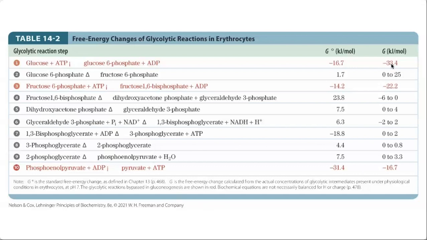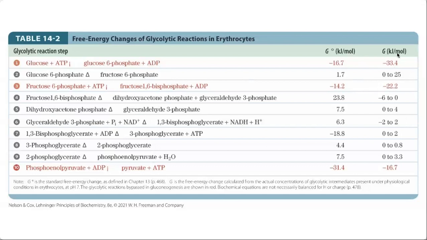But basically, we have these 3 steps. The first step, where we have glucose to glucose 6-phosphate. The third step, where we have fructose 6-phosphate to fructose 1,6-bisphosphate. And phosphoenolpyruvate to pyruvate and ATP.